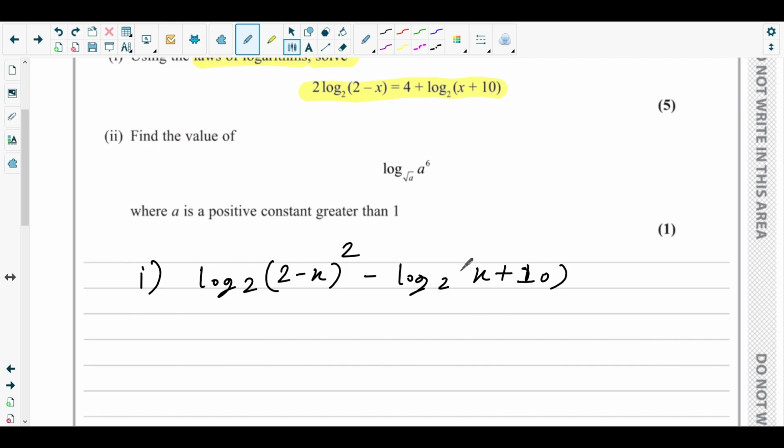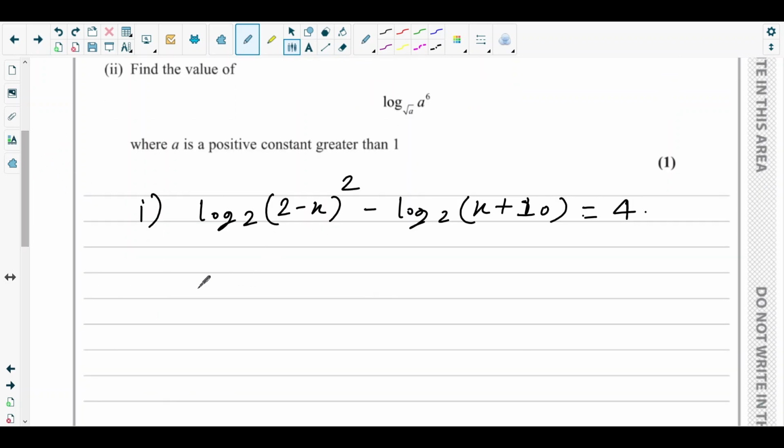We took the logarithmic term on the right hand side to the left hand side, so this equals 4. The base is equal and there is subtraction between them, so we can take log 2 common. You will have (2 minus x) whole squared in the numerator, and in the denominator it will be x plus 10. So this equals 4.